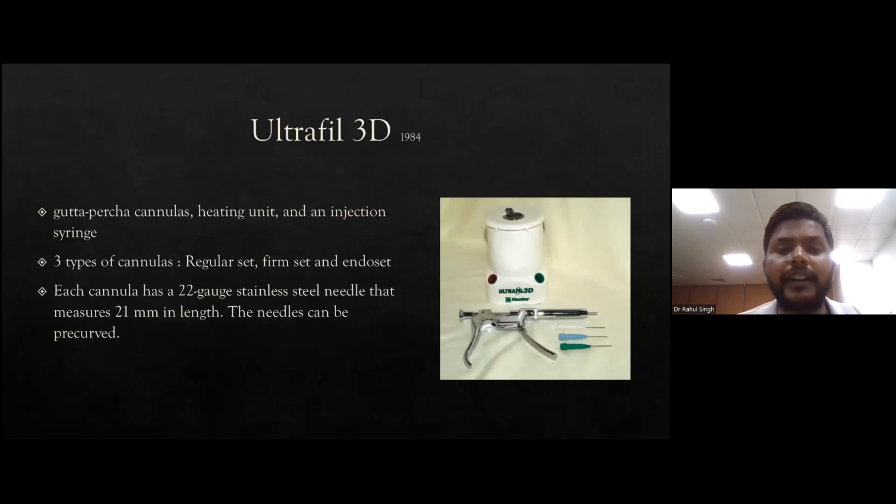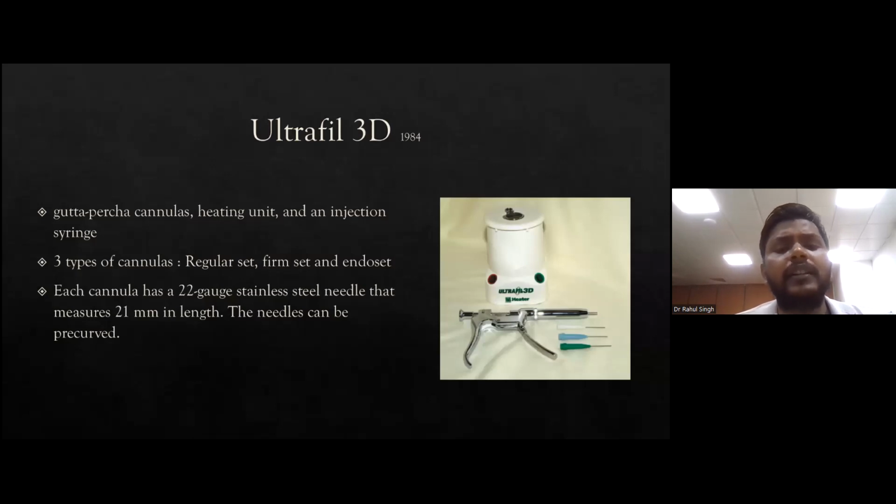Coming on to Ultrafil 3D, this is an important one, in which gutta-percha cannulas, a heating unit, and an injection syringe are there. So you have 3 cannulas, a heating unit, and an injection syringe. 3 types of cannulas are there: regular set, firm set, and endo set. These cannulas differ on the basis of the viscosity of the GP.